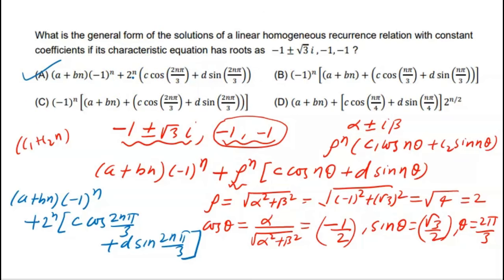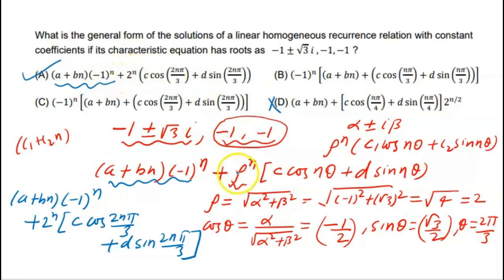This is the trick I am discussing. This is a regular, general process. But suppose you don't want to spend this time and you want to just look at the options and decide. How will you decide? You can clearly see that the general solution must have a plus bn -1 to the power n, and this option has this part, this also has this part, and this also has this part. So this will be sorted in the beginning.